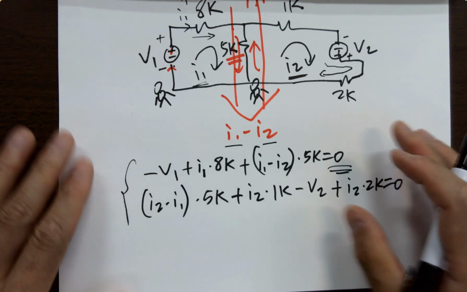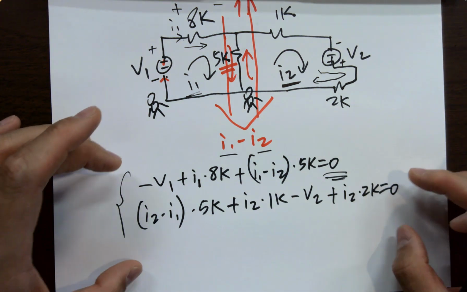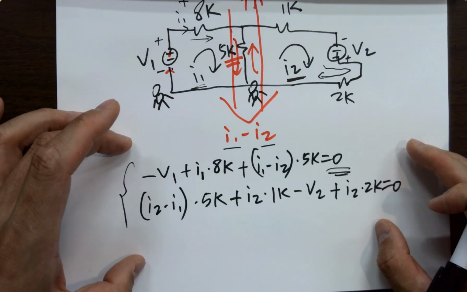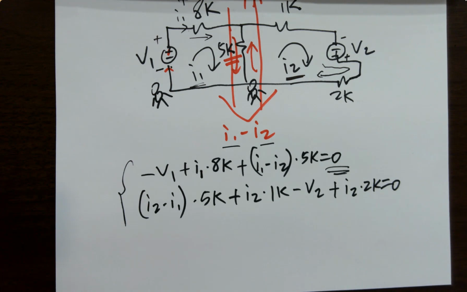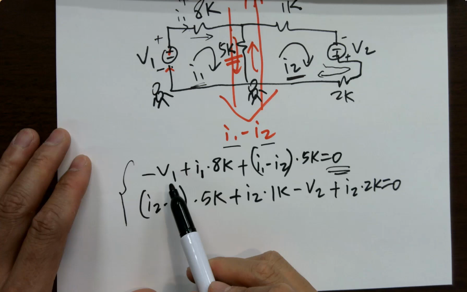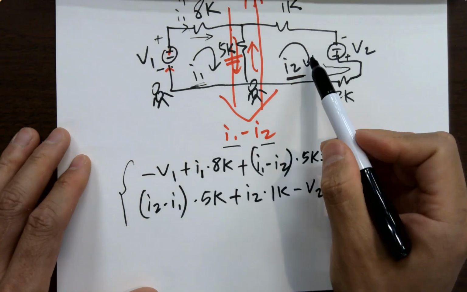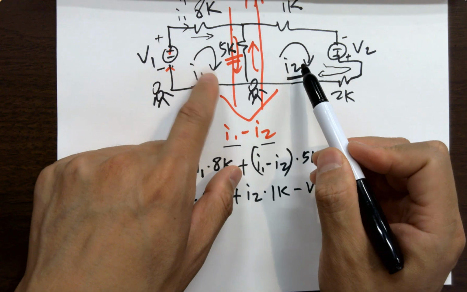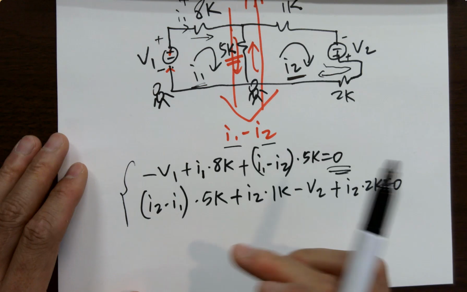Because sometimes if the circuit scales up, the number of equations increases significantly, so you want to list all the equations and use the matrix solver to solve for the answers. I'm going to show you how to do it here. Since V1 and V2 are constants, we basically only have two mesh currents, so there will be only two elements, a 2x2 matrix.